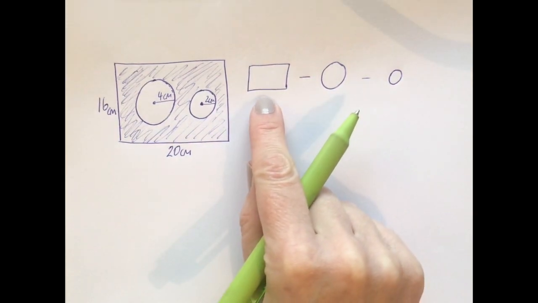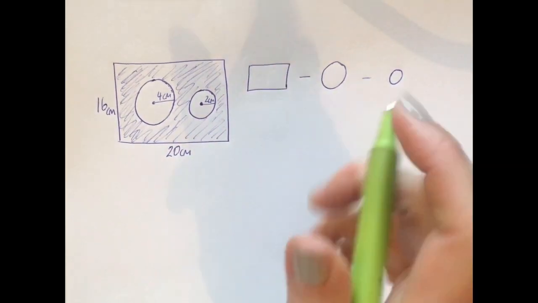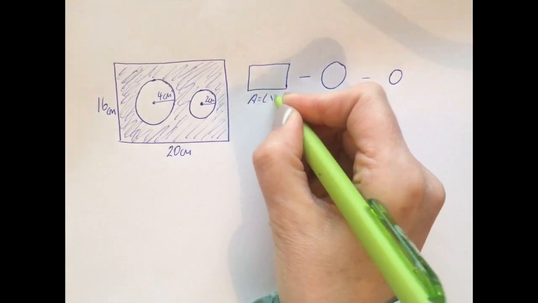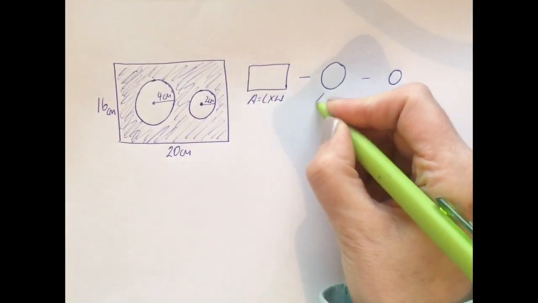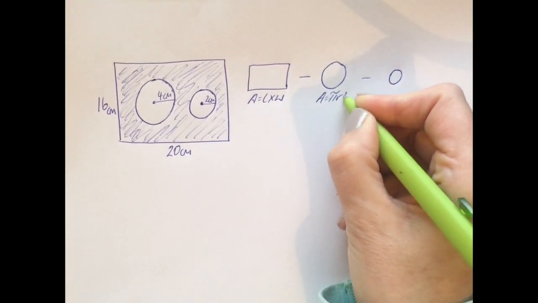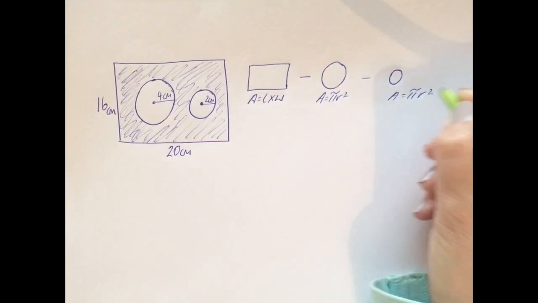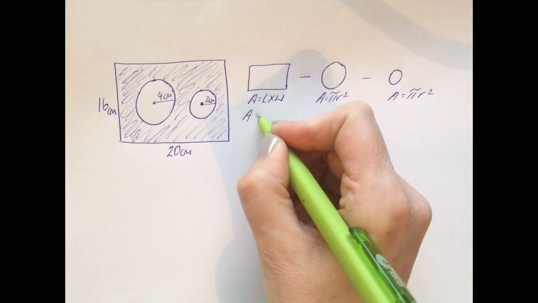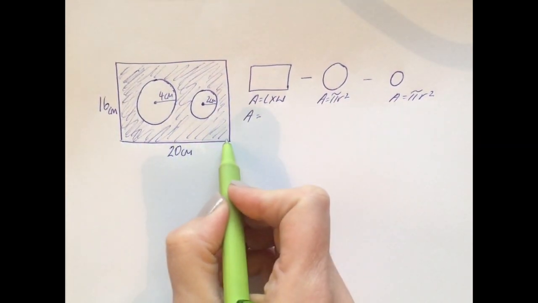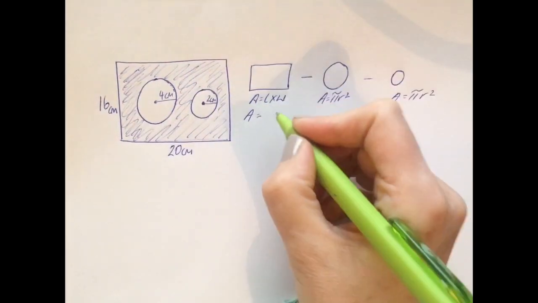So the area of a rectangle is, of course, length times width. The area of a circle is, of course, pi r squared, and the area of this circle is also pi r squared. The length times the width here: the length is 20 and the width is 16.